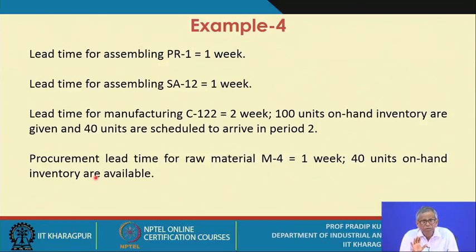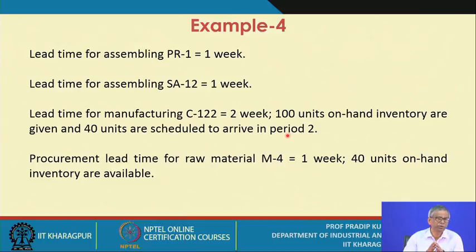So, right now we are assuming that the lead time remains constant, known with certainty. Lead time for manufacturing C122 is 2 weeks. 100 units of inventory are given and 40 units are scheduled to arrive in period 2.